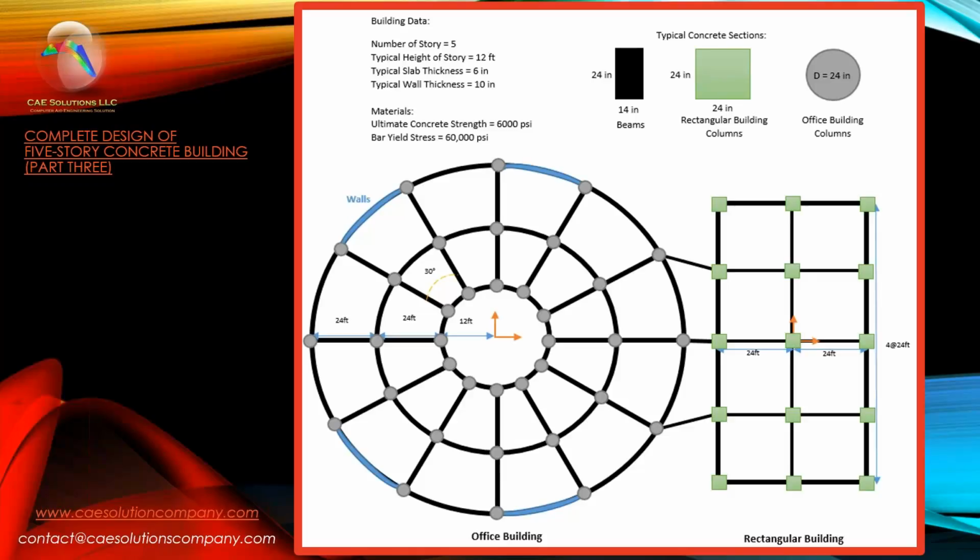Notice that the circular building has circular columns. So we have two buildings, the office building on the left in circular form, and we have on the right a rectangular building joined by elevated slabs.